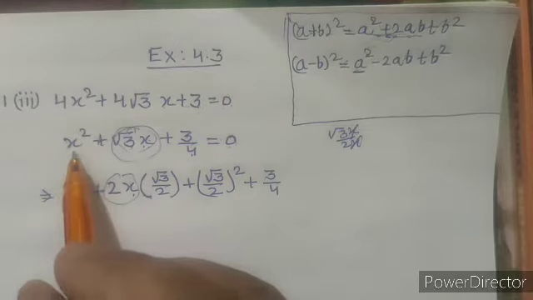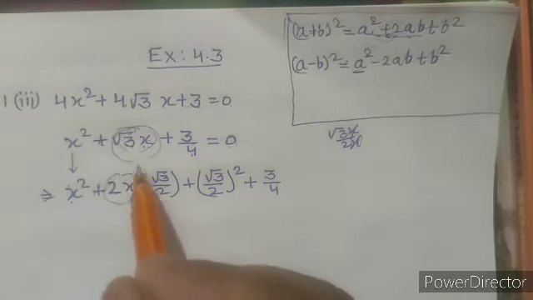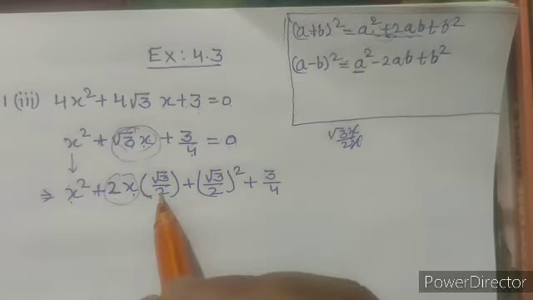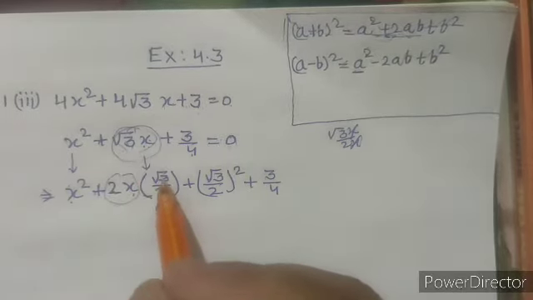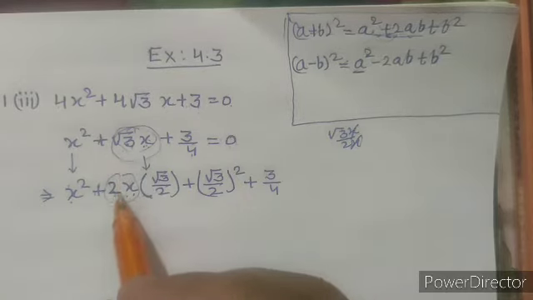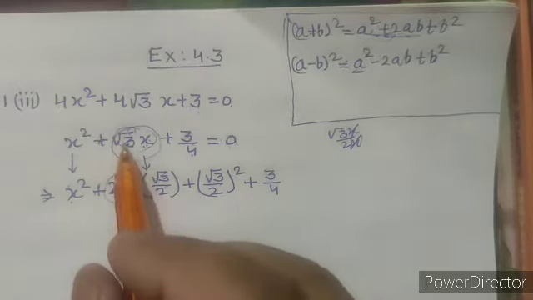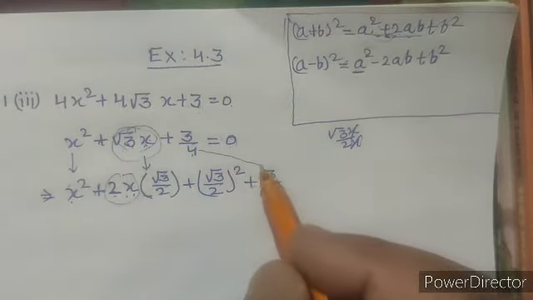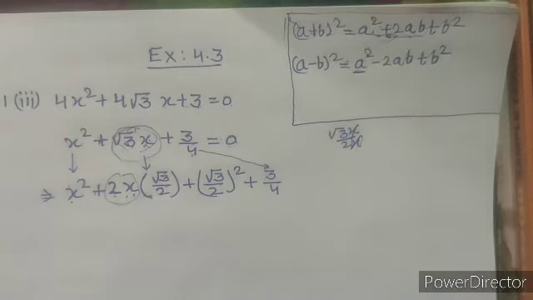Now as we see here, these two terms are the same. Root 3x is equal to 2x into root 3 by 2, as we obtained this root 3 by 2 by dividing root 3x by 2x, or we can multiply it, and this will be equal to root 3x. Now 3 by 4 we have written as it was in the question.